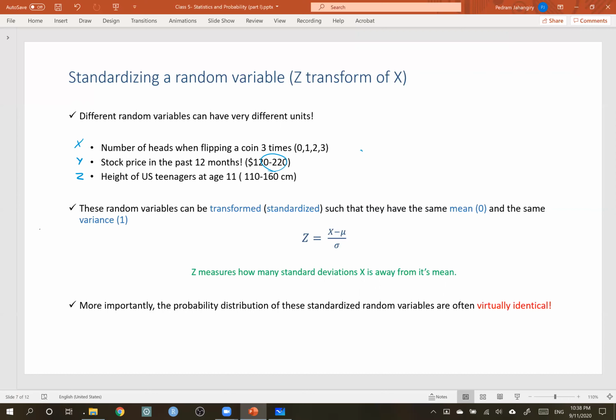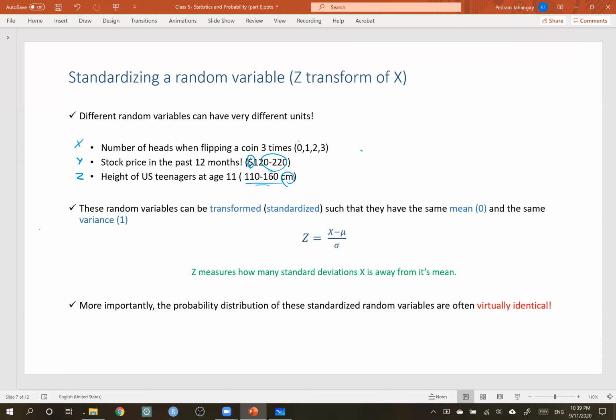It can be something between 110 centimeters and 160 centimeters, right? So I have 3 different random variables. The unit is different, the magnitude is different: centimeters, dollars, and just counts. How can I compare the distributions of these random variables?